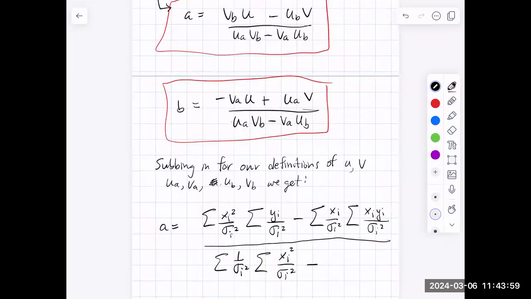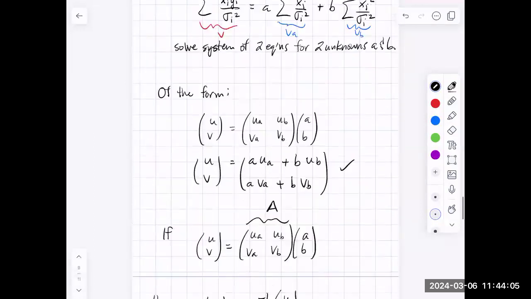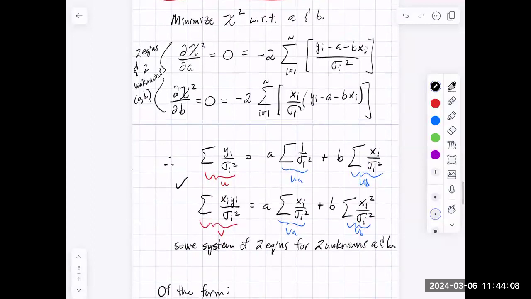And then we'll scroll back and let's look at one of them. The VAUB. VA is xi over sigma i squared. And UB is xi over sigma i squared. So VA and UB are actually exactly the same.